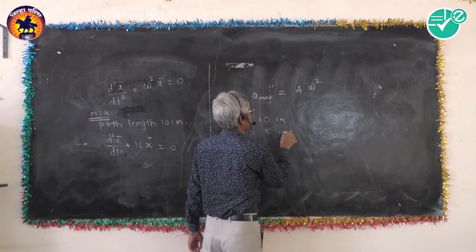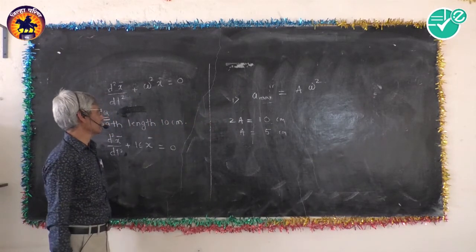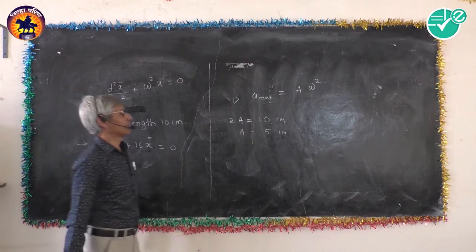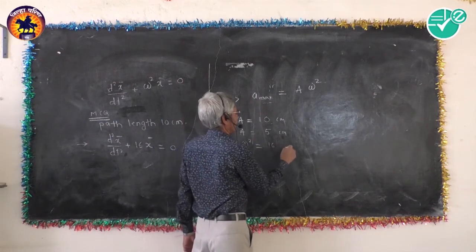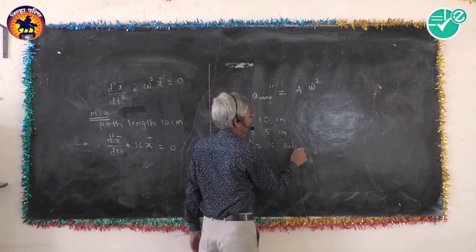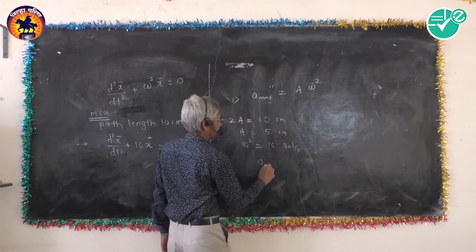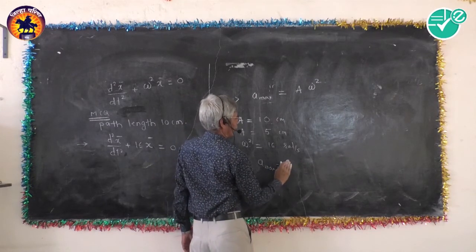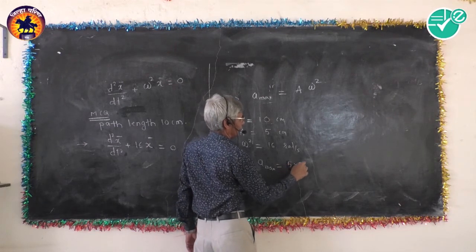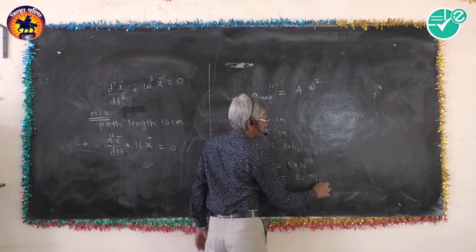By using this value of the amplitude and omega square equal to 16, we can have maximum acceleration as 5 into 16, that is 80 meter per second square.